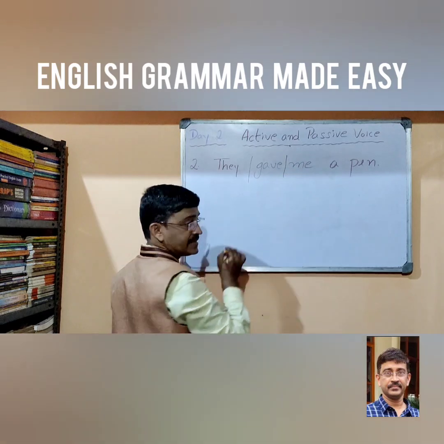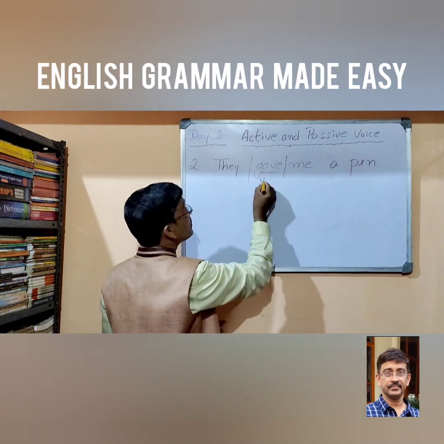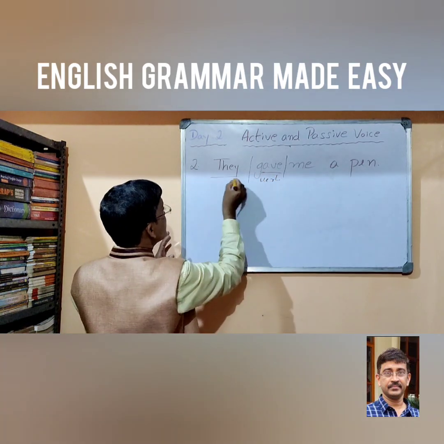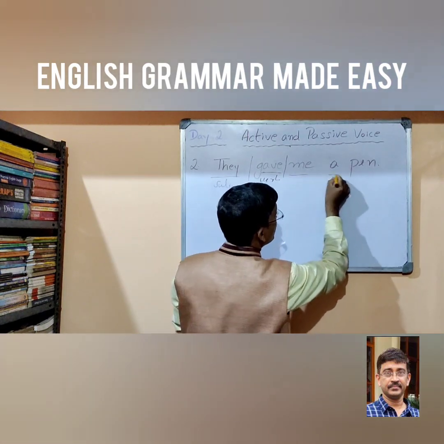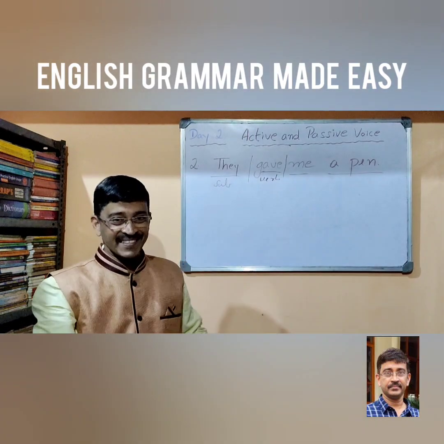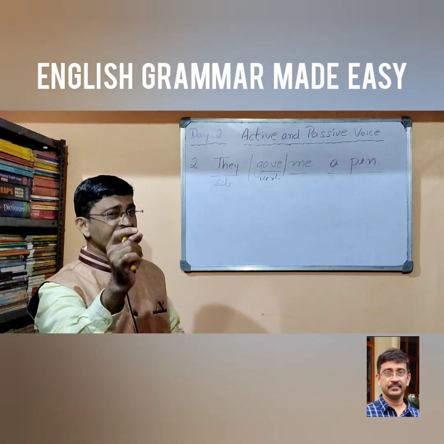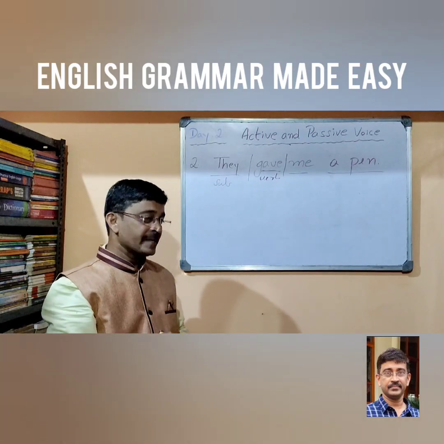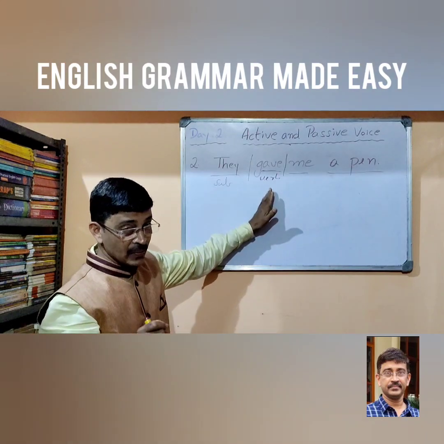First, identify the verb. You have the verb here. Then the subject. Then here you have two objects. Which one do you think is the direct object and which the indirect object? Here you have "they gave."